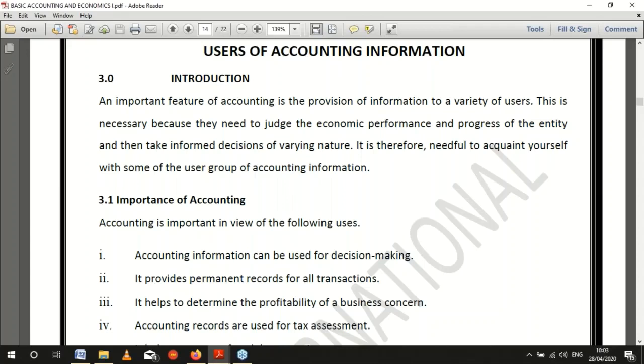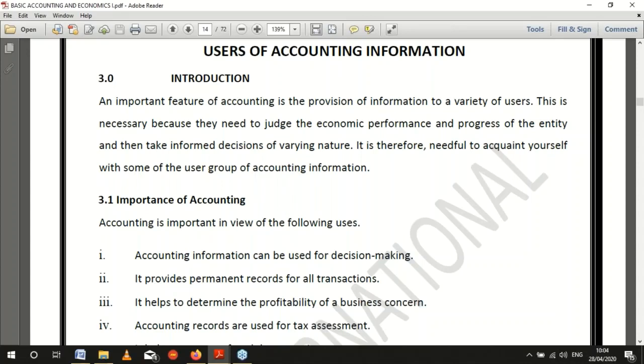Then number 7, consistency concept. Usually, there is more than one way in which an item may be treated in the accounts without violating accounting principles. That means accounting can be treated in several ways without violating accounting principles.